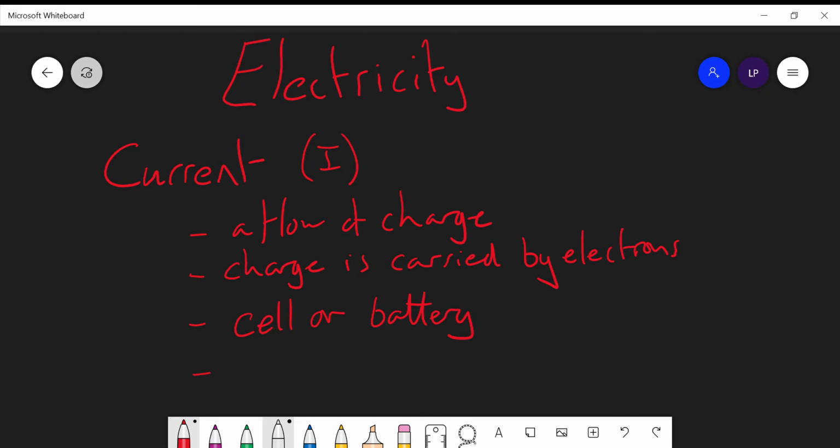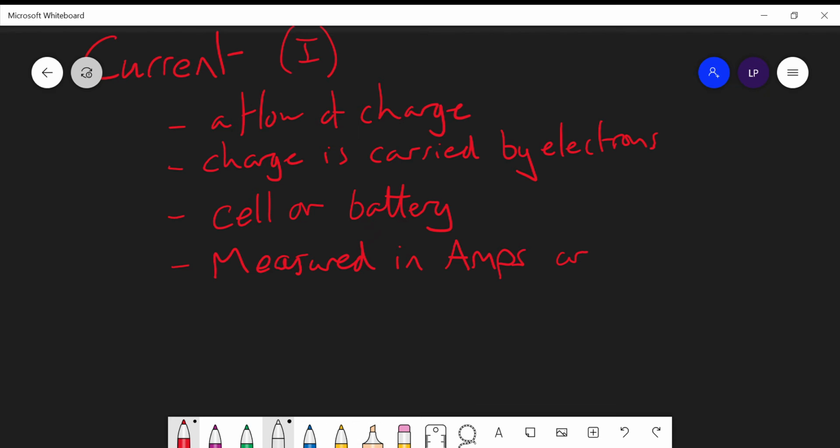It is measured in amps, also called ampere. But most times we just refer to it as amps.